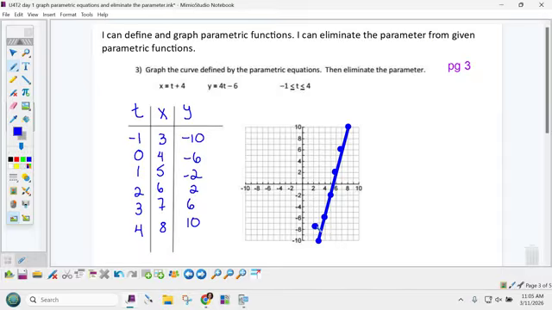And we have to show the direction. Whoa. This time we've got a linear equation. It's a straight line. It's not shaped like a parabola.